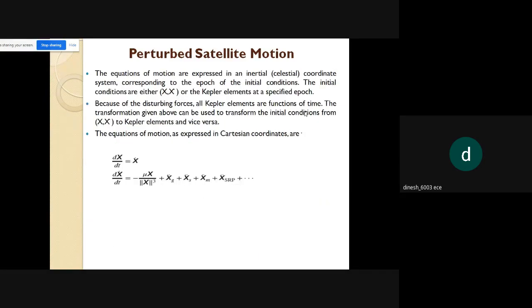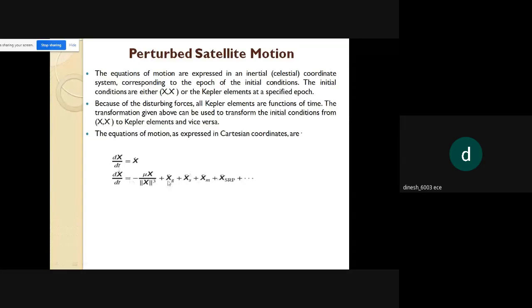The equations of motion would be expressed in an inertial coordinate system corresponding to the initial conditions, where x and x dot are the Keplerian elements, x comma x dot. You can see how we write x dot: x dot is the differential of x with respect to time, and x double dot is the differentiation with respect to time of this, and so on.